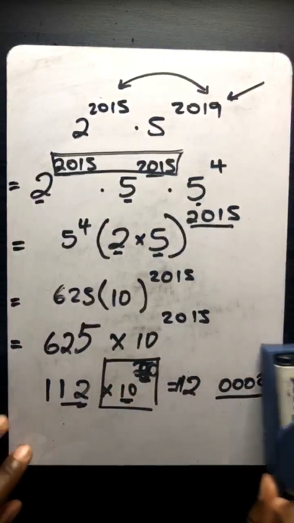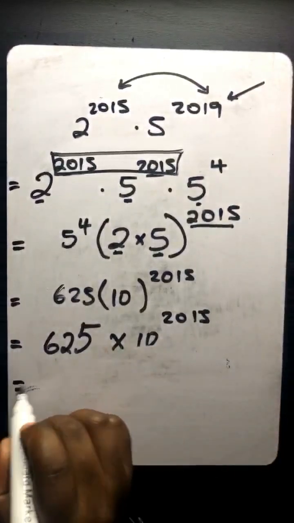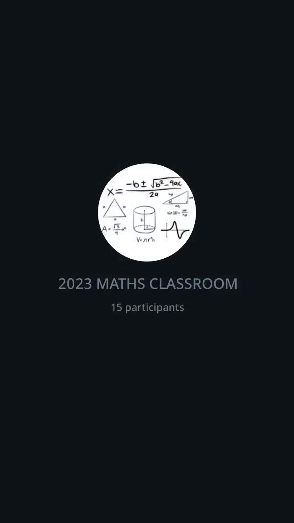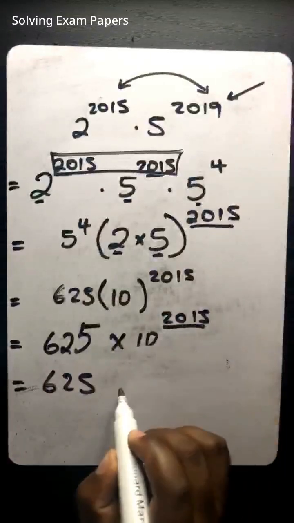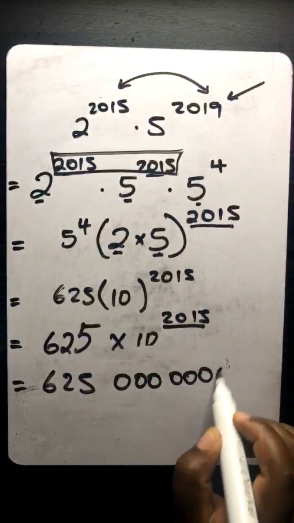Let's try to make sense of this. We have 625 and 2015 zeros. You can imagine 2015 zeros, it's a lot of zeros.